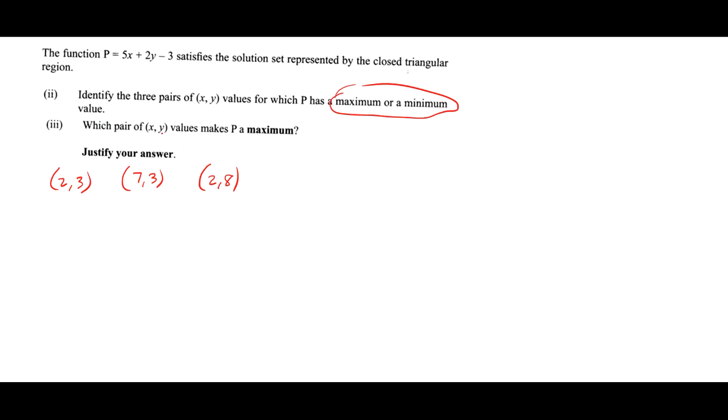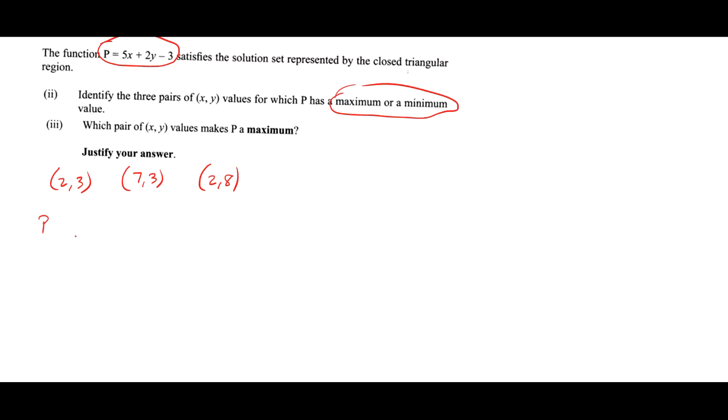Now they said which pair of xy values make p a maximum. So we know what p is. p is 5x plus 2y minus 3. So what we're doing essentially is substituting.